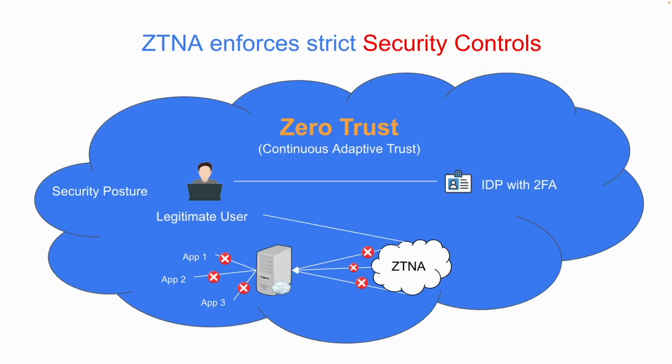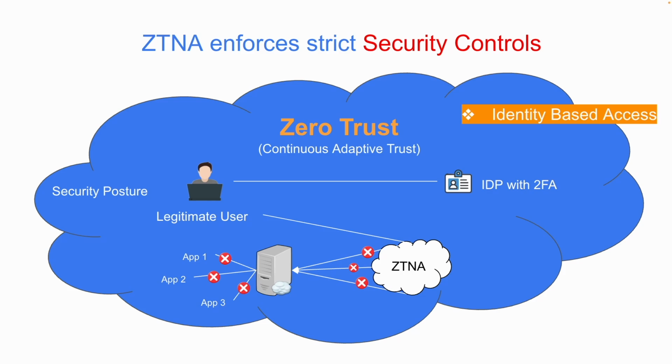Next, let's learn how ZTNA enforces strict security controls. ZTNA enforces strict security controls by continuously verifying user identities, device posture, and contextual factors before granting access to applications and resources. Majorly, four security controls are enforced by ZTNA, which include identity-based access, for example authentication via SSO, MFA, and identity providers.